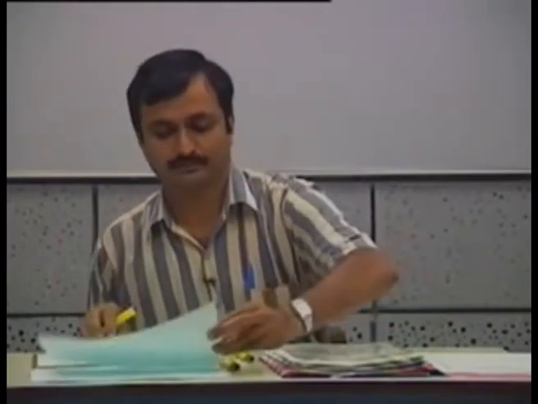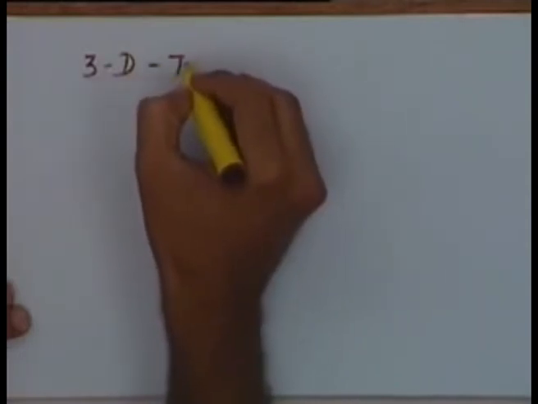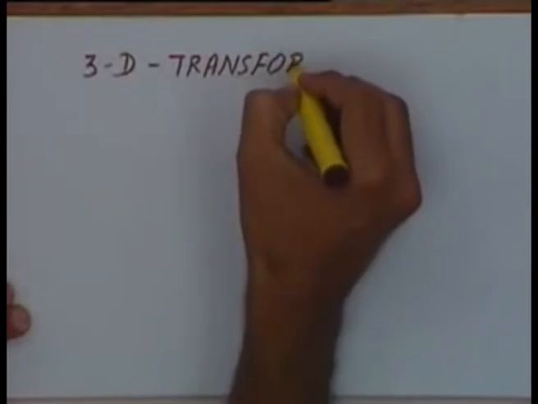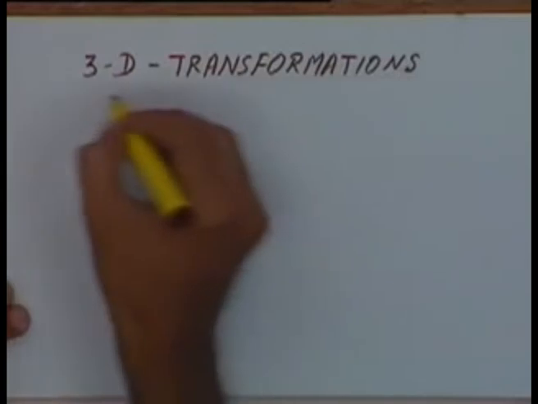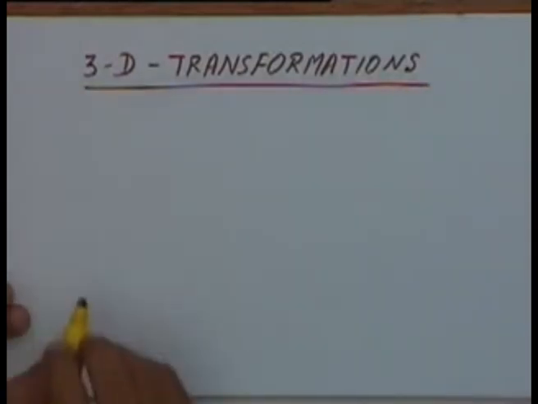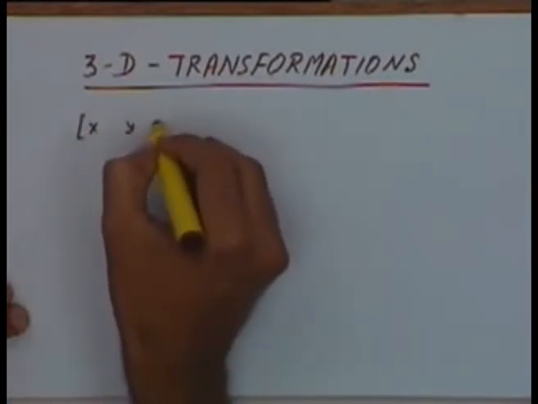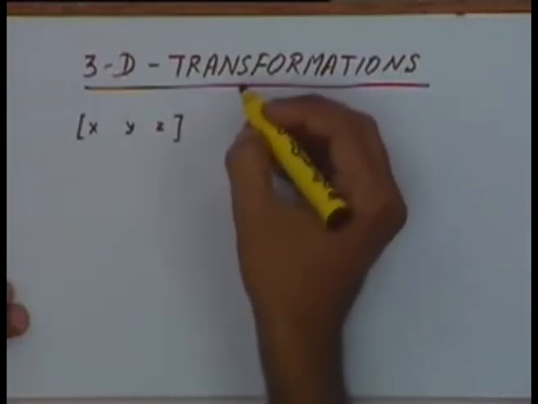Okay, then we just extend this idea to transformation in 3 dimensions. So if you have any 3D point which is x, y, z, again we will directly go into homogeneous coordinates.